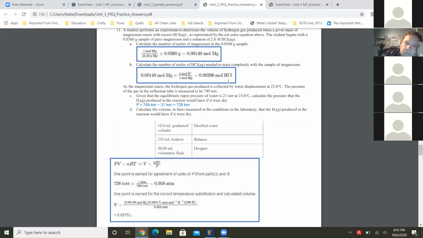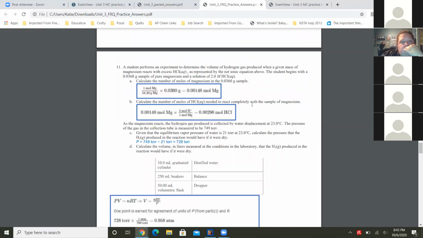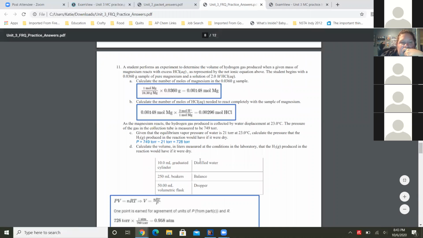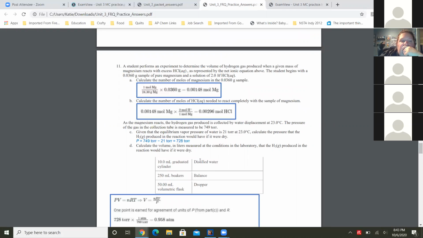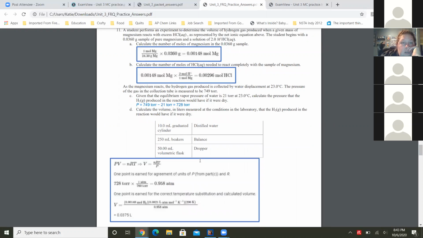How would I figure out, like, I don't even know what that means. For C and D. So if it were dry, means that we have to subtract away the vapor pressure of the water. And it's just the pressure.